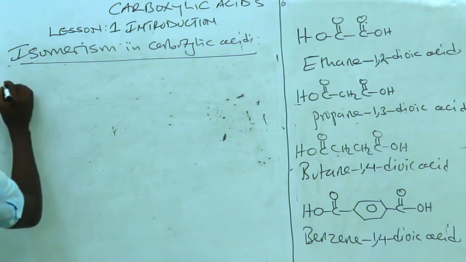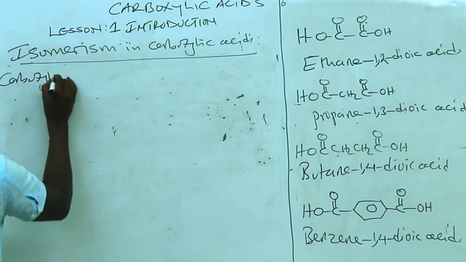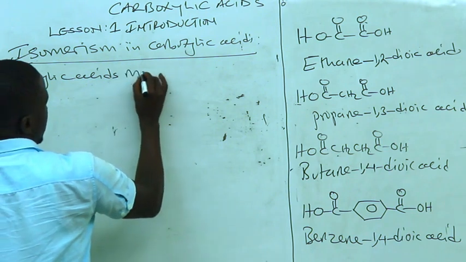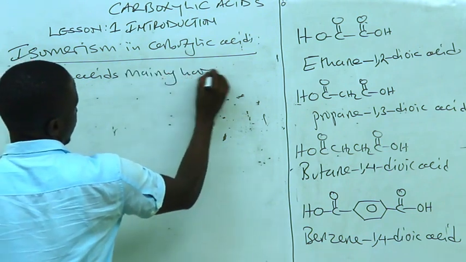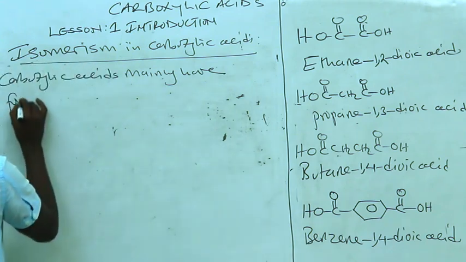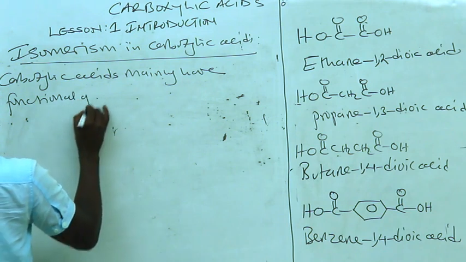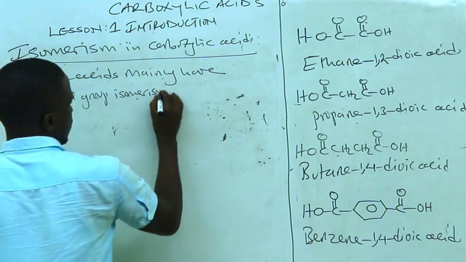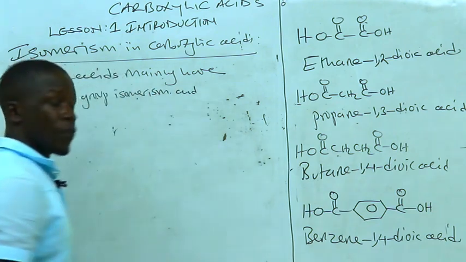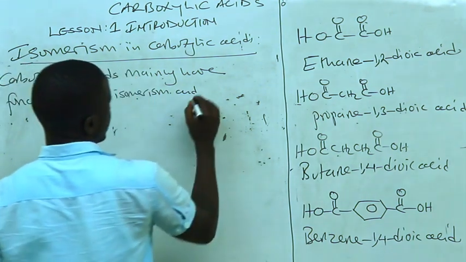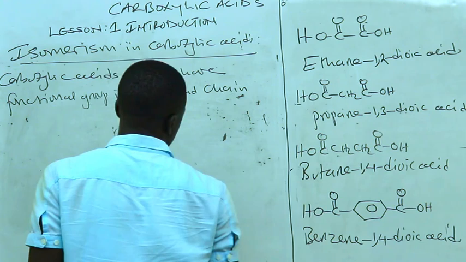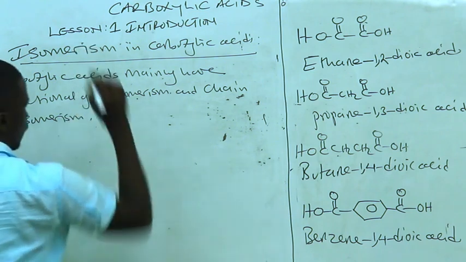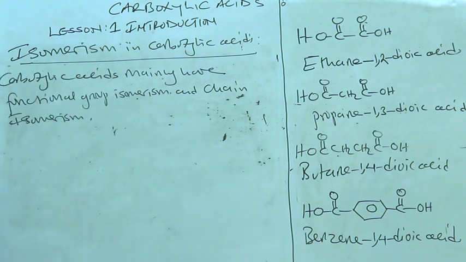So we shall say that carboxylic acids mainly have functional group isomerism, and if not functional group isomerism, they can as well have chain isomerism.